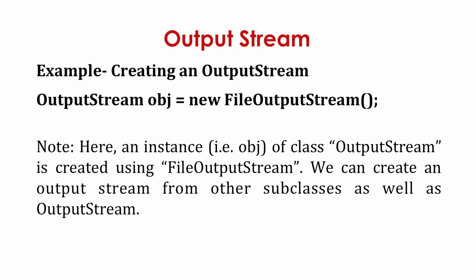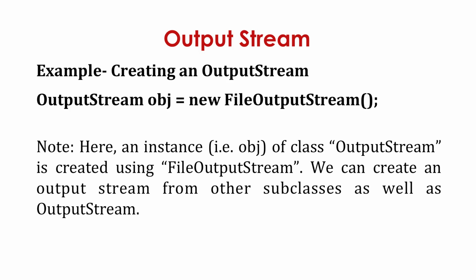There is an example to create an output stream. Look at that example. We are trying to create an instance of output stream named obj, new file output stream. Here an instance of the class output stream is created using file output stream.